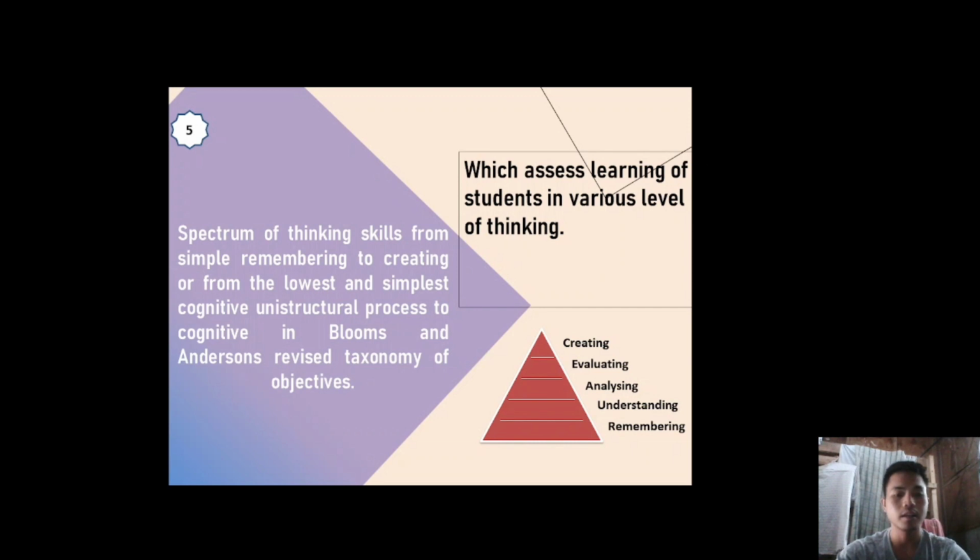The learning outcomes must consider the level of thinking of the students, such as HOTS, or higher order thinking skills, and LOTS, or lower order thinking skills. These are illustrated in Bloom's and Anderson's taxonomy from the low or simple level to the highest or most complex level, which are remembering, understanding, applying, analyzing, evaluating, and creating.